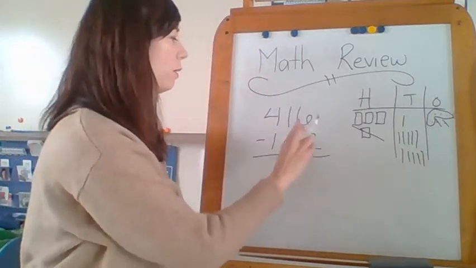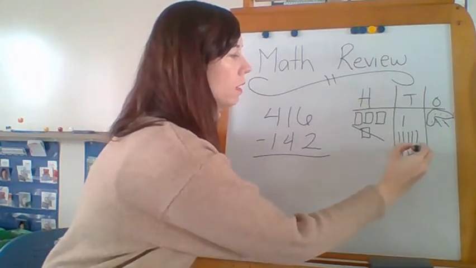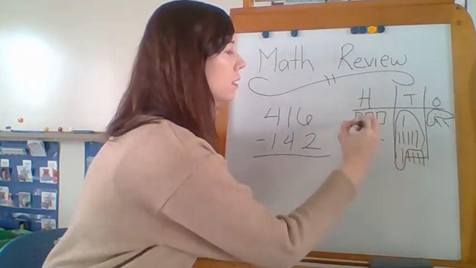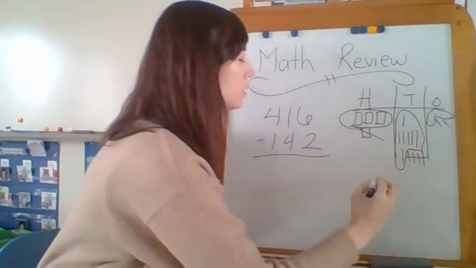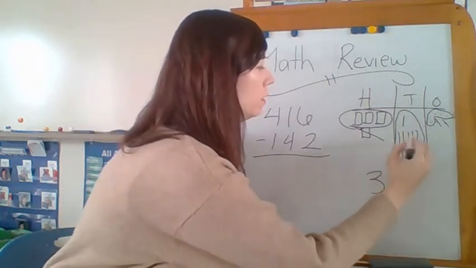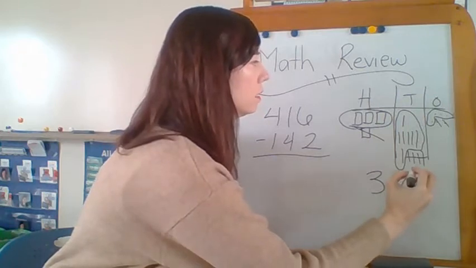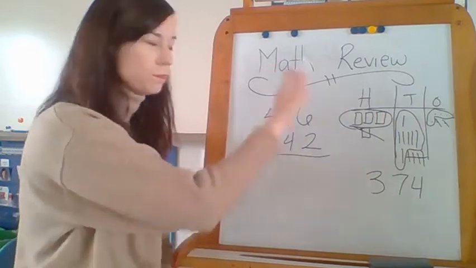All right, now I can take away 4. 1, 2, 3, 4. And here would be my tens answer. Here would be my hundreds answer. Let's count that up. So we have 300, 7 tens, and 4 ones.